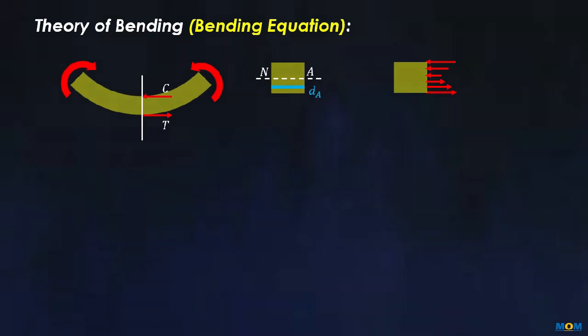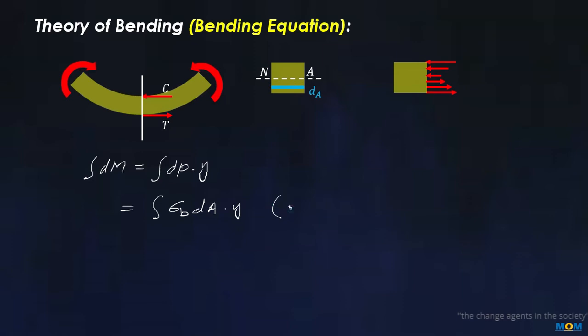So by integrating this equation, dm equal to integration dP y. So using the value of dP, so that is sigma b dA into y as dP is equal to sigma b into dA.